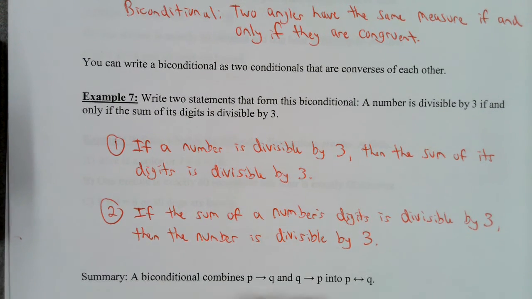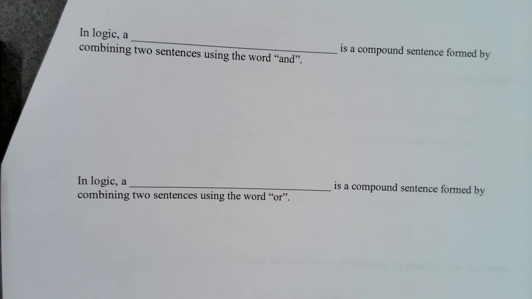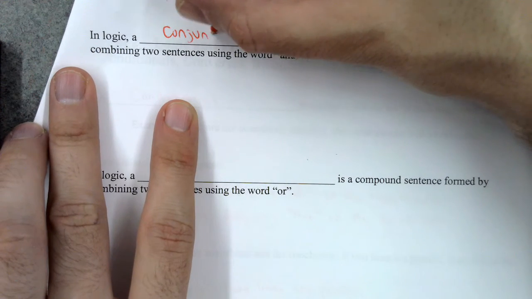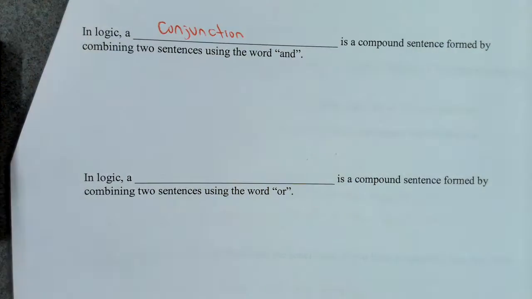All right, one more page. 2 more definitions. In logic, a conjunction is a compound sentence formed by combining 2 sentences using the word and. Okay, it's called a conjunction. And let's just note this.